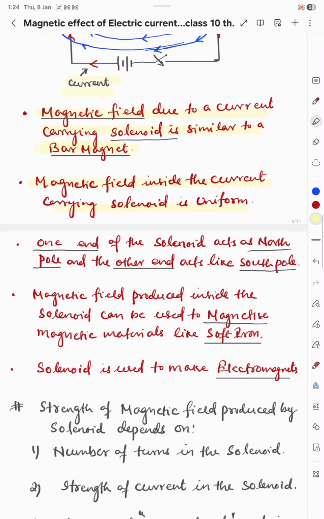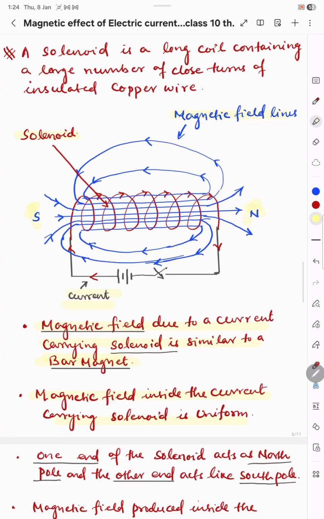So now the magnetic field which is produced inside the solenoid can be used to magnetize magnetic material like soft iron. So solenoids are used to make electromagnets. So we can make a magnet using a solenoid. See the magnetic field which is generated in this solenoid is very strong.